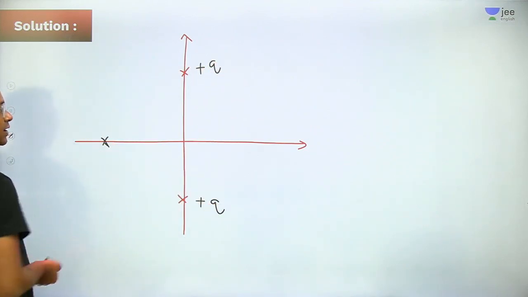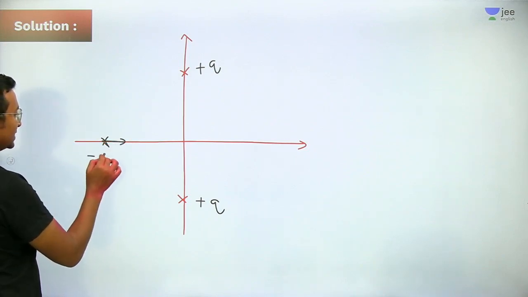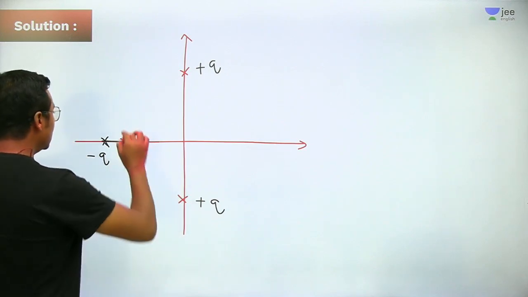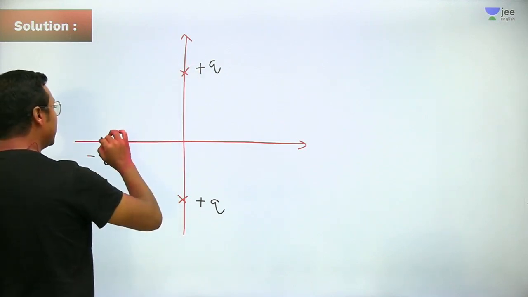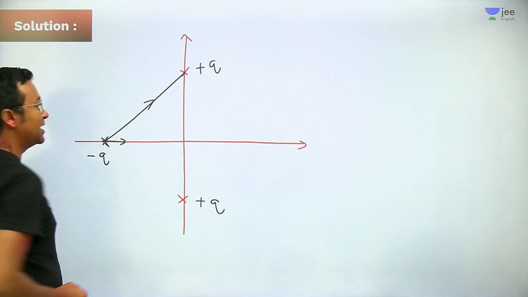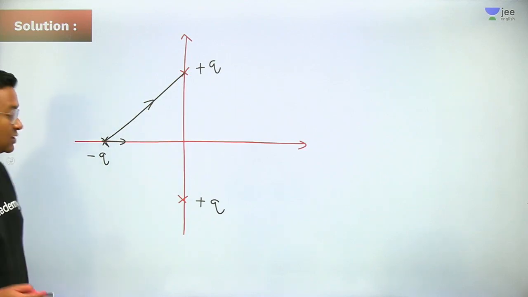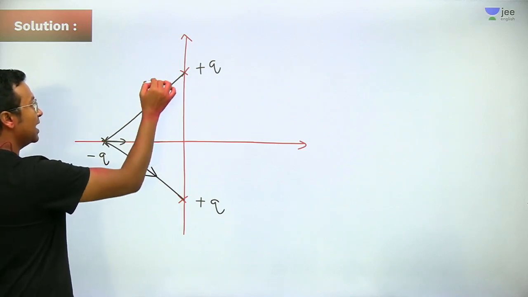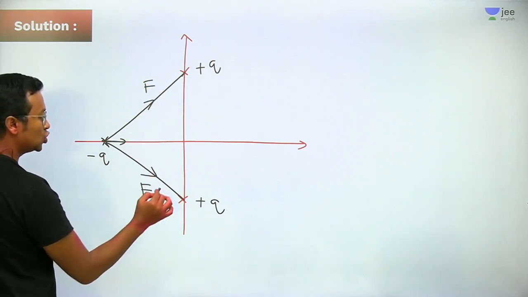You take a point out here. Now let's say this minus q is located right now at this particular point. Okay, now because it is minus, this is plus, the nature of the force will be attractive. The nature of the force is going to be attractive. So also will be this force be attractive. If this is F, this will also be F.